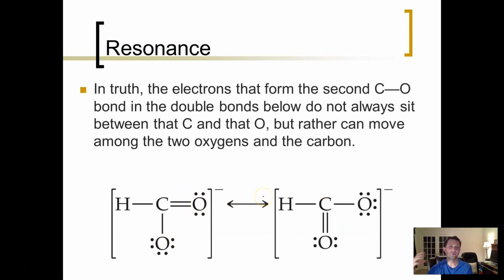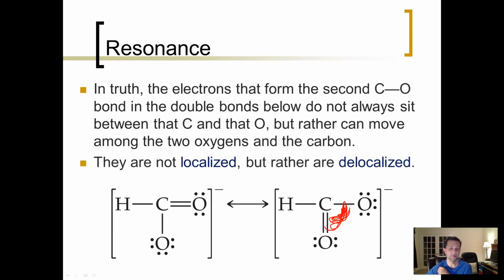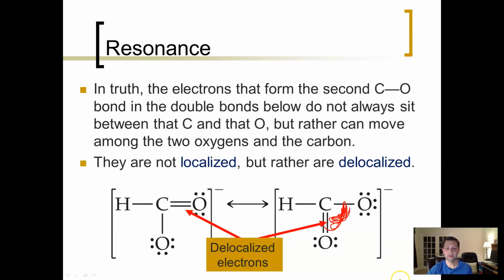In reality, it is one structure with not a double bond here and a single bond here, or a single bond here and a double bond here. The bond character of this carbon-oxygen bond, this region, is 1.5. Okay, it's like a 1.5 bond in reality. So those electrons are constantly bopping back and forth. So that part of the double bond, that's your delocalized electron group.